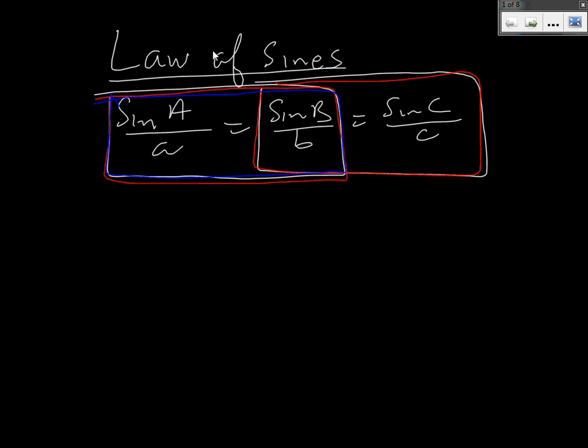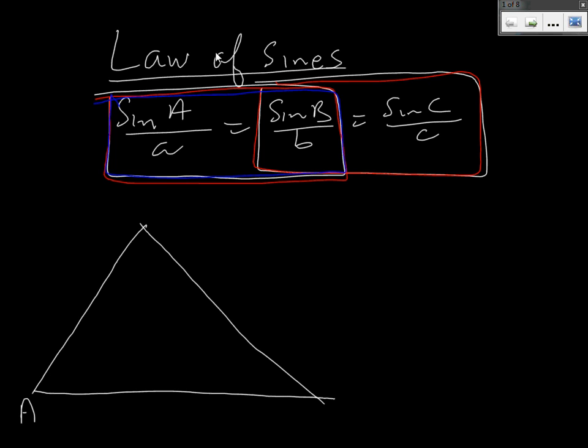So we take an arbitrary triangle, A, B, and C. This length is b, opposite angle C is little c, opposite angle A is length little a.